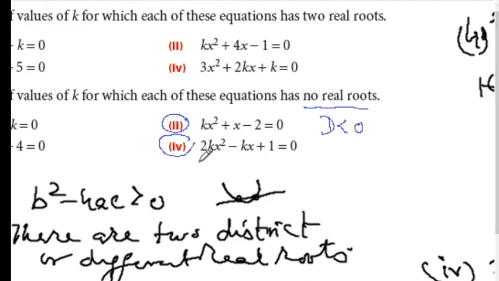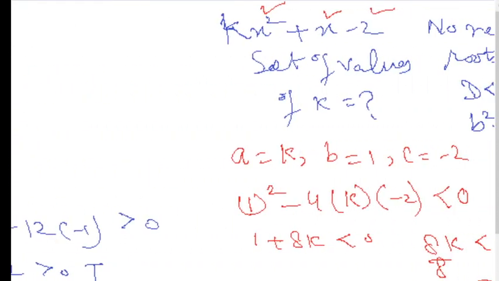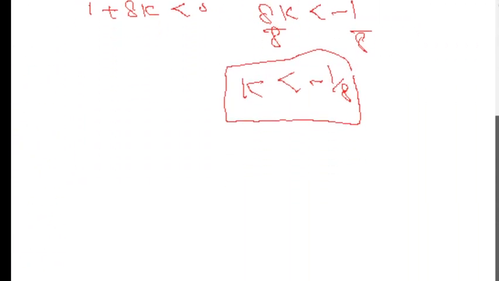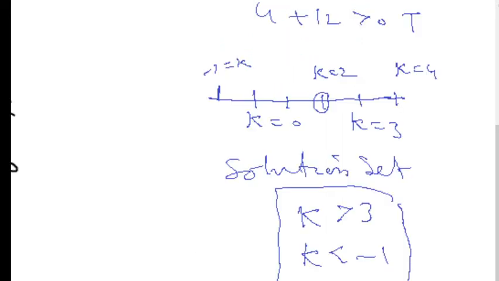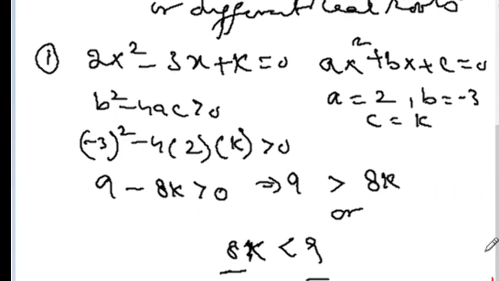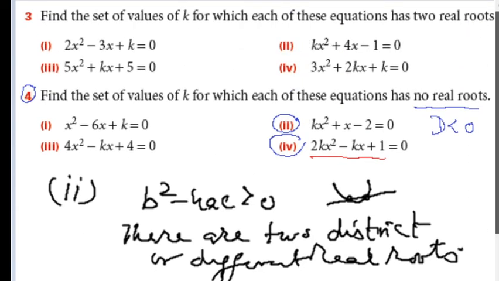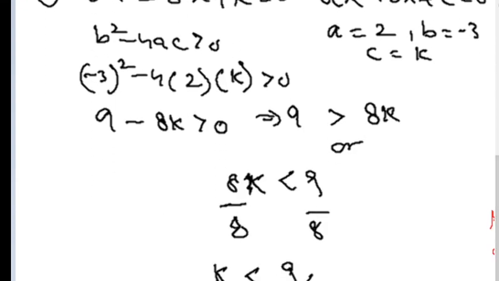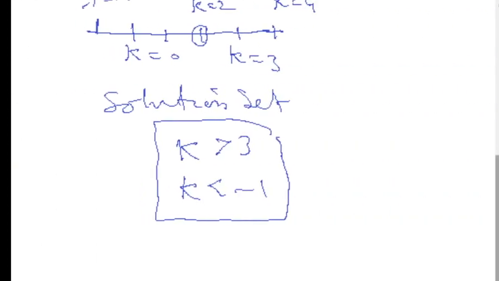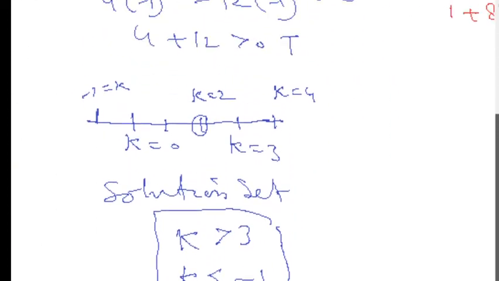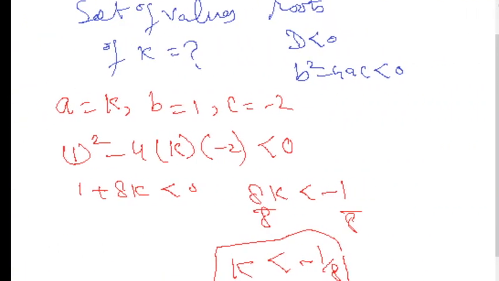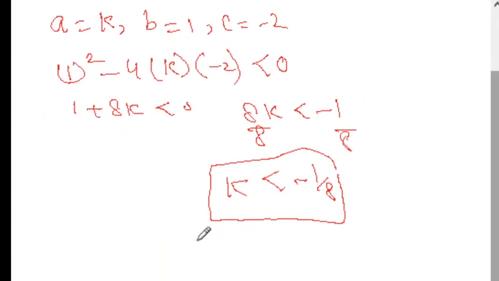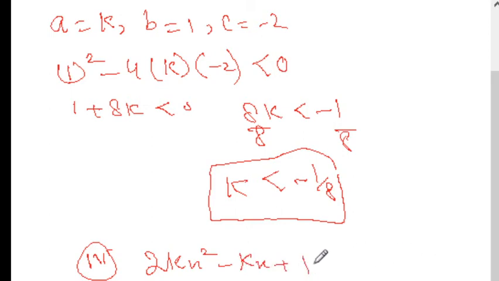Let me do the fourth part, 2k x square minus kx plus 1 is equal to 0.